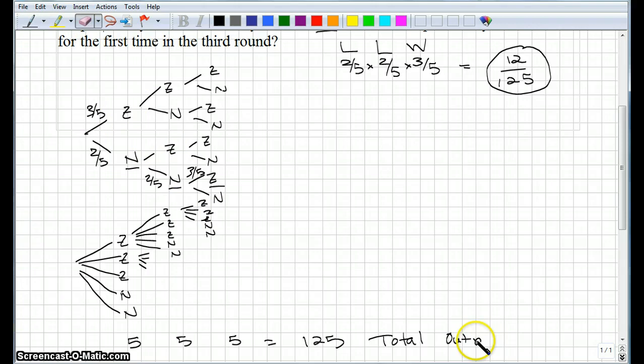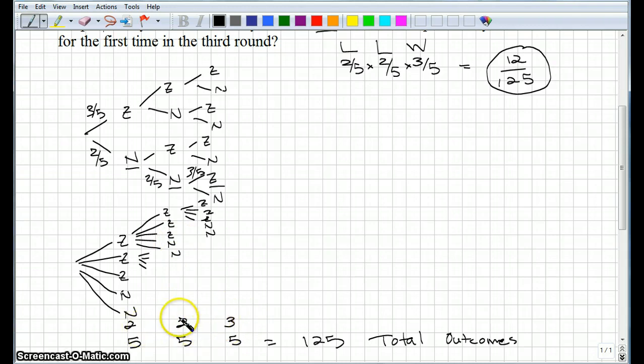All right, so we've just translated this problem where the outcomes are not equally likely into something where there are equally likely outcomes, although 3 of the outcomes involve Zoe winning and 2 of the outcomes involve Nick winning. Okay, so in the equivalent problem we've got 125 total outcomes, and you can see we have 2 ways of Nick winning the first round, 2 ways of Nick winning the second round, and then 3 ways of Zoe winning the third round.